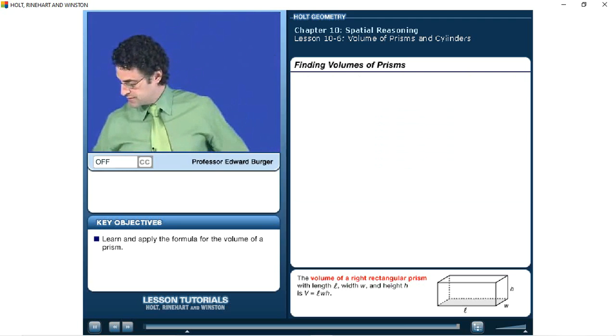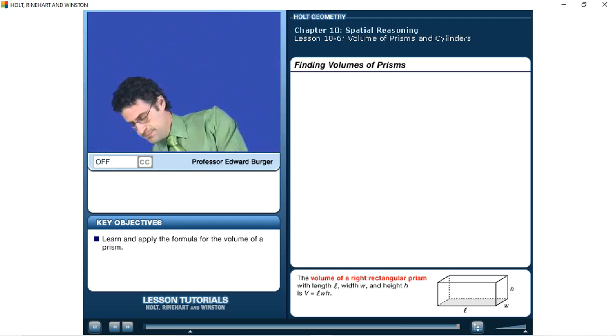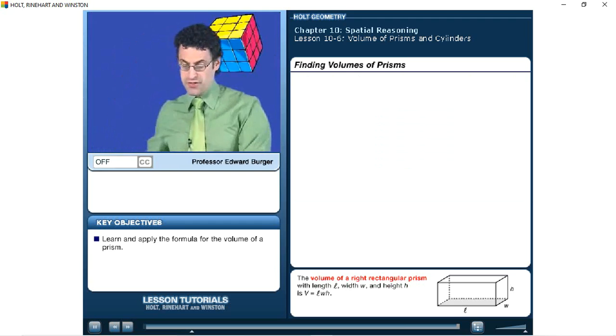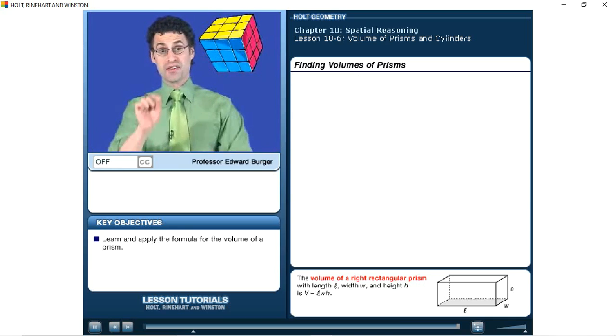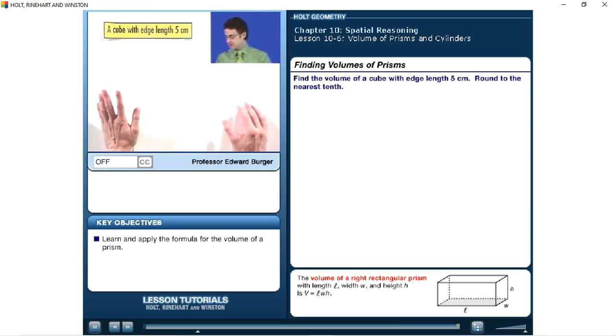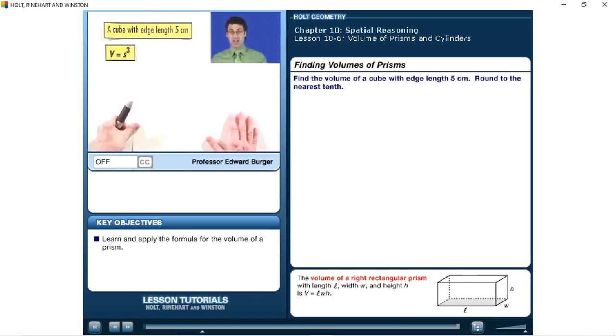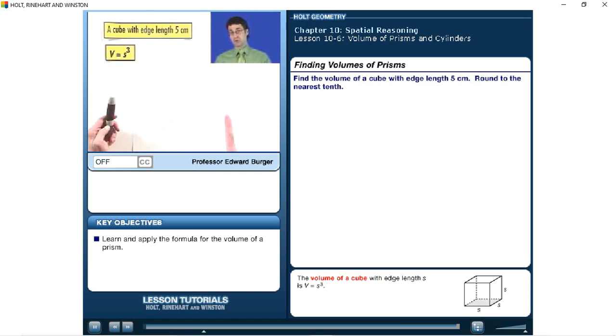How about this one? Let's take a look at a very special rectangular prism, the cube. So the cube is a rectangular prism where all the sides have the same length. So let's find the volume of a cube with edge length equal to 5 centimeters. Well, how would you do that? You could just think about the formula we just talked about, which reduces down to just side cubed, because it's length times width times height, but all those are the same as the side.